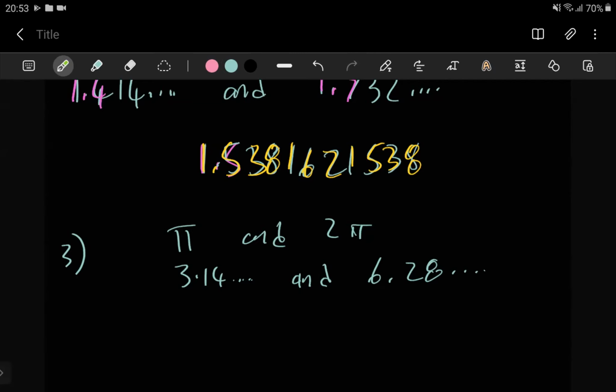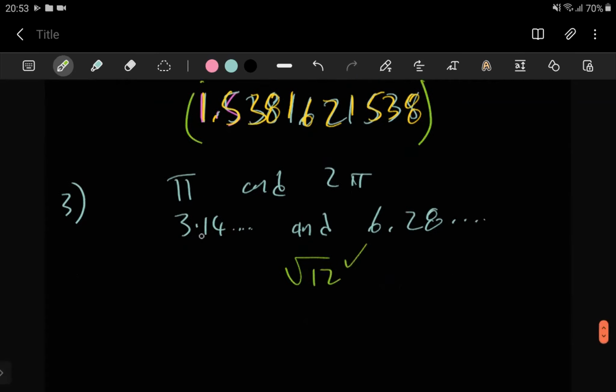Yeah, square root of 12 works because it's going to be bigger than this and smaller than this. You could also have used this as an example to say you can pick any number bigger than 3, and then give it a lot of decimals, as long as it's smaller than 6.